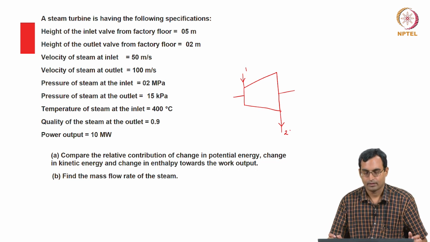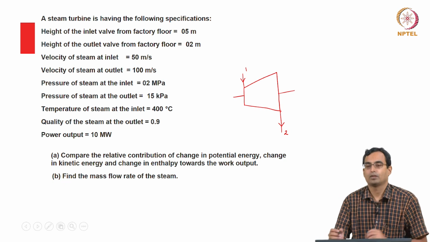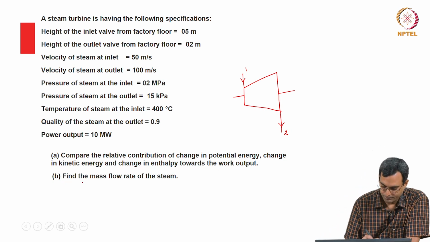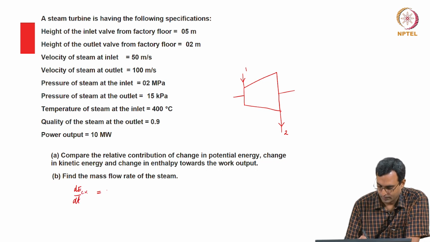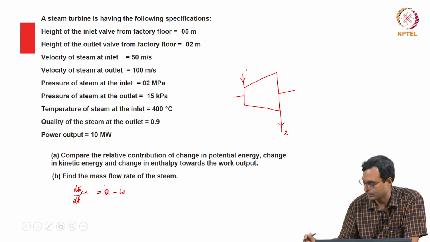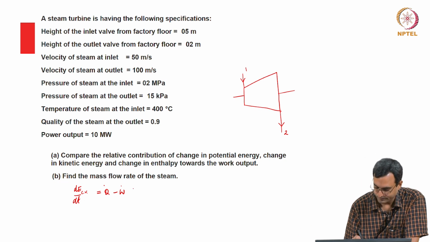So we can also write down the first law for this process. We have the change in energy of the control volume is whatever heat comes in minus whatever work goes out, the rates of course, because we are looking at rates, plus sigma of m_i dot.